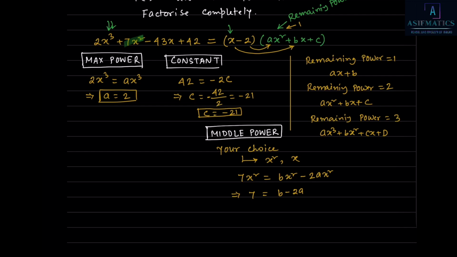You see we already have a value, which is 2. So we can write 7 equals b minus 2 times 2. Our b value will be, this is minus 4, so it comes to the left side, so b will be 11. So we got all a, b and c values.